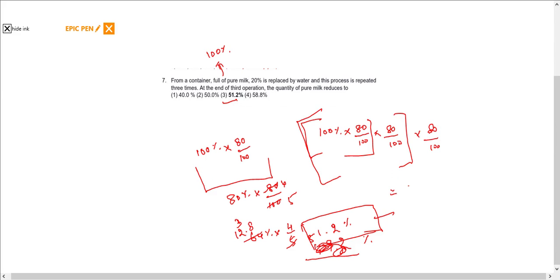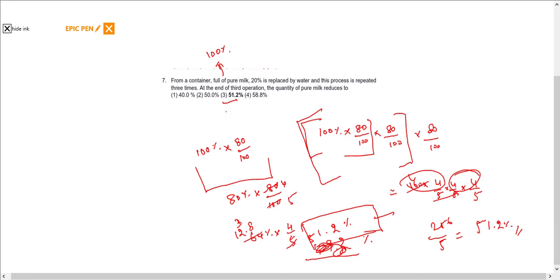So this is nothing but 100 into 4 by 5 into 4 by 5 into 4 by 5. Okay, so this is 25, this is 4, this is 4, so 16, 256 by 5, which is 51.2 percent. Once you understand the basic concept behind that, this is a cakewalk.